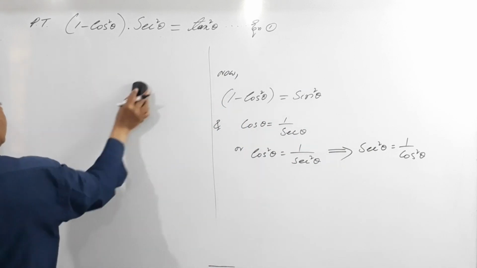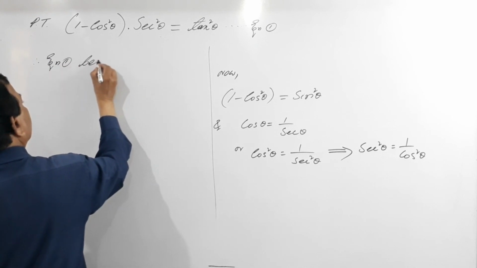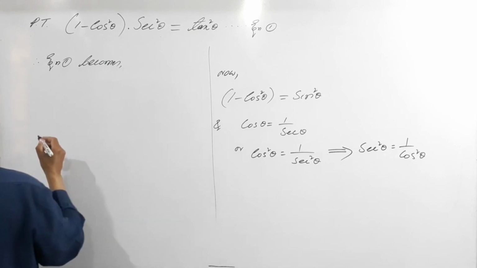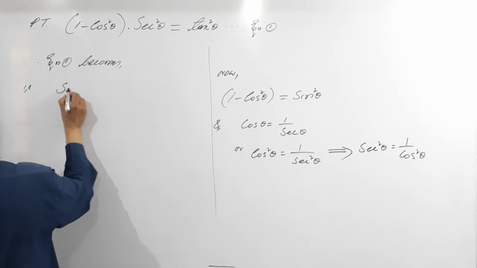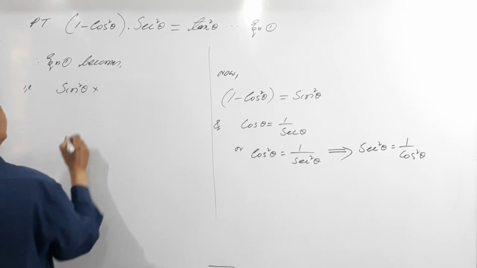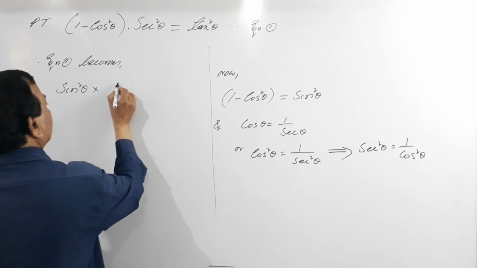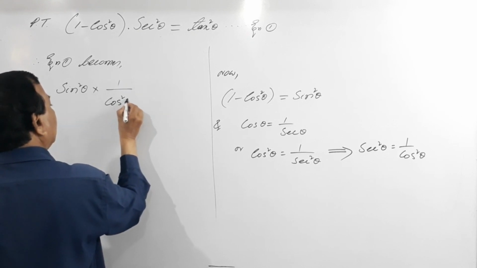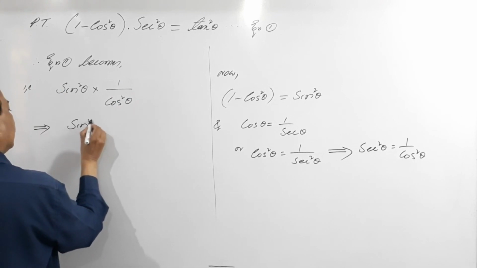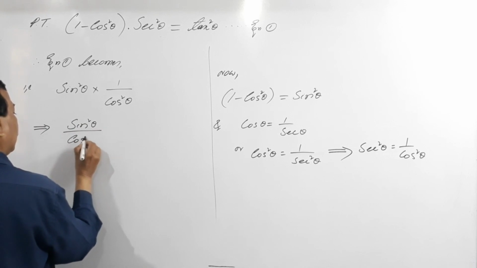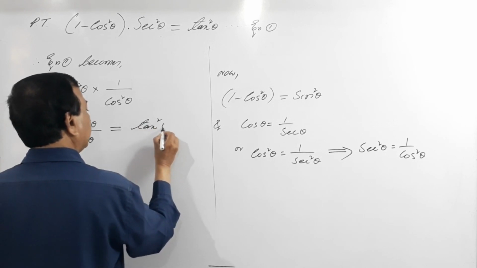So now what happens to equation 1? Therefore equation 1 becomes, what? That is 1 minus cos square theta is nothing but sin square theta into secant square theta, which is nothing but 1 by cos square theta, which is nothing but sin square theta by cos square theta, which is equals to tan square theta.